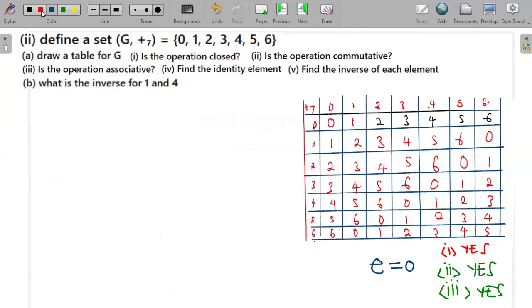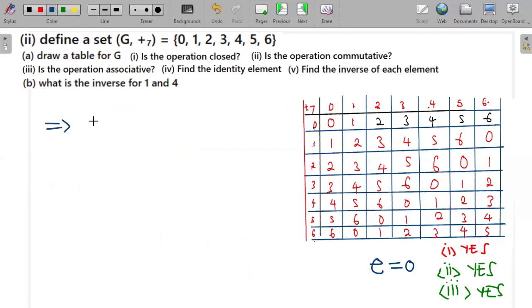All right, so we've done part 4, and let's look at part 5. They're saying find the inverse of each element. The inverse of any element will satisfy this property.